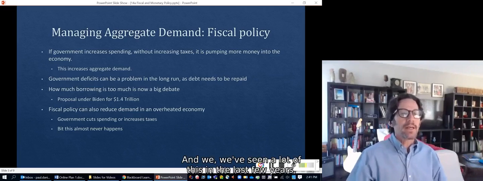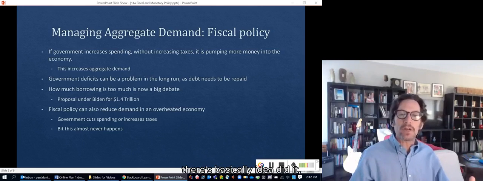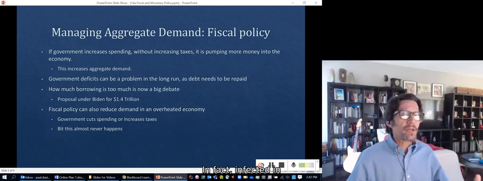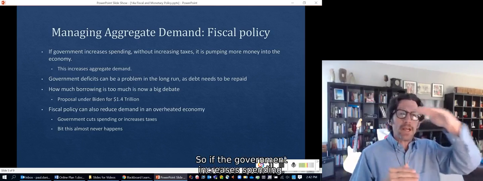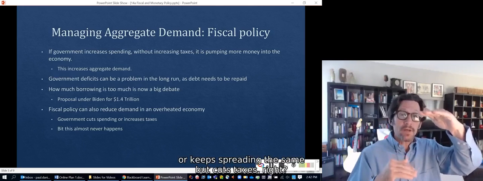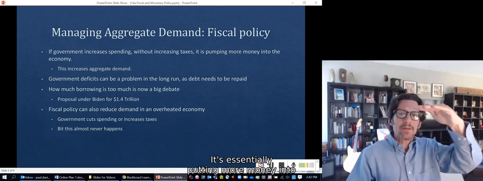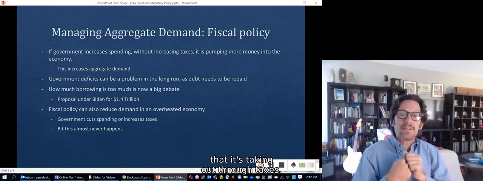And we've seen a lot of this in the last few years, especially during the COVID pandemic. There's basically the idea that the government is just going to send people checks. So, but it hasn't increased our taxes. In fact, in the Trump administration, we had decreases in taxes. So if the government increases spending with taxes the same, or keeps spending the same but cuts taxes, right, it's essentially putting more money into the economy through spending than it's taking out through taxes.